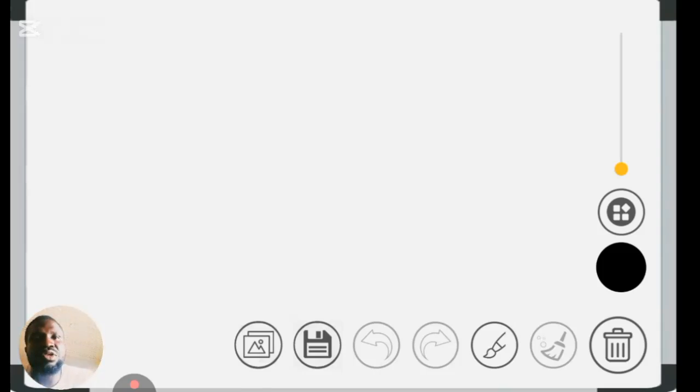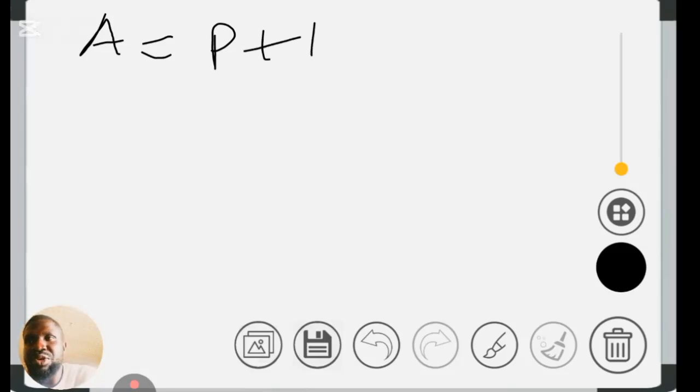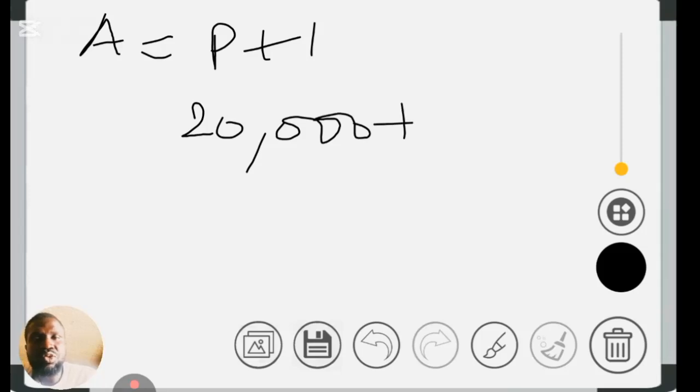We say amount is equal to principal plus interest. Now in this question, what is our principal? Our principal is 20,000 naira because the question says you invested 20,000 naira. So we say 20,000 naira plus, what is our interest? The money we got after investing 20,000 naira.